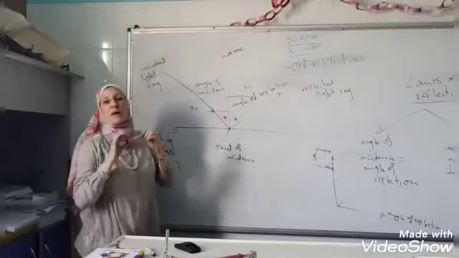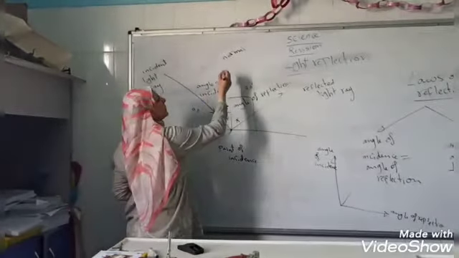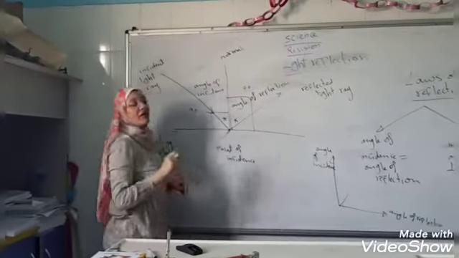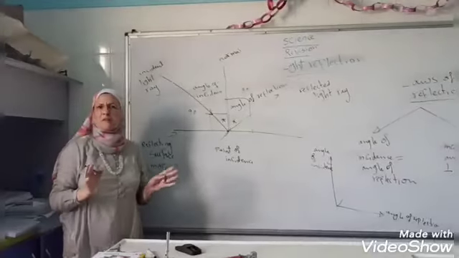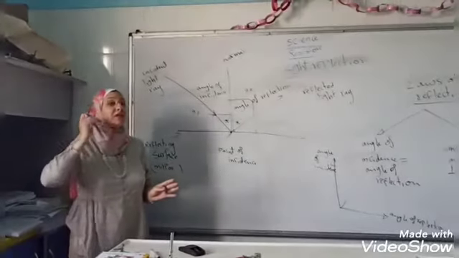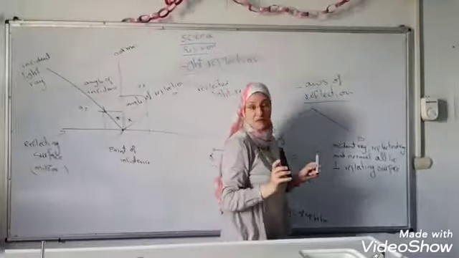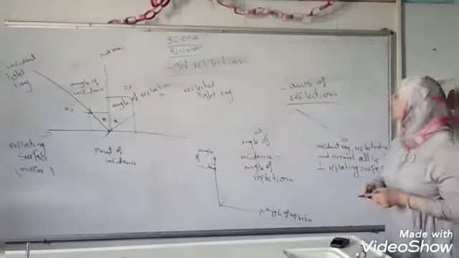What happens when light falls perpendicular? It will coincide with the normal, so the angle of incidence equals the angle of reflection equals 0. So what happens to the light ray? It will be reflected on itself. It's a very important question in Prep 3 and Prep 2, so you need to focus on it.